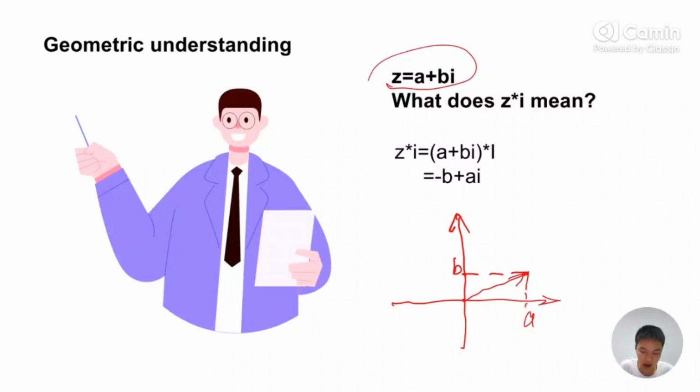If we multiply by i, we get a new vector, which is minus b plus ai. It's here. And this one is 90 degrees. So we guess this vector may rotate counterclockwise by 90 degrees.